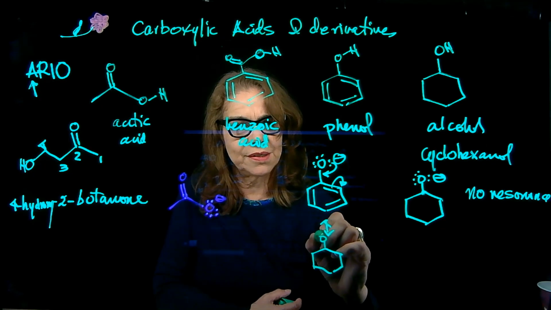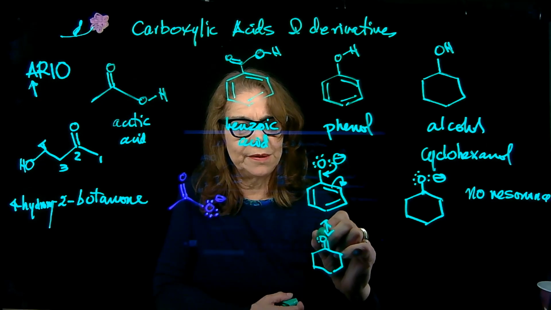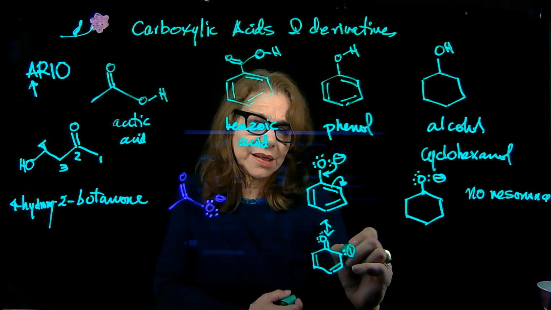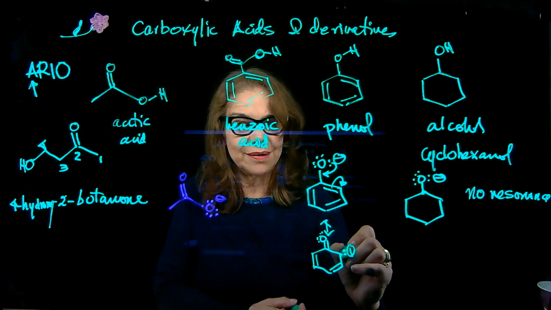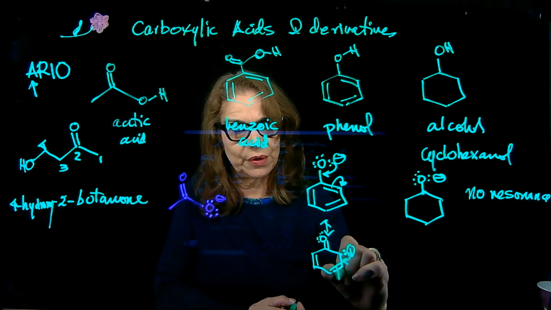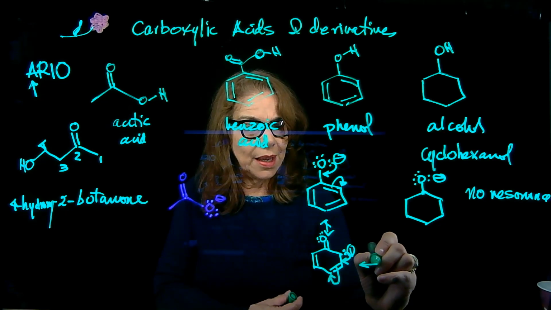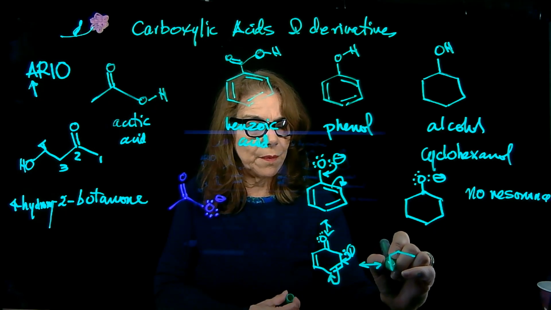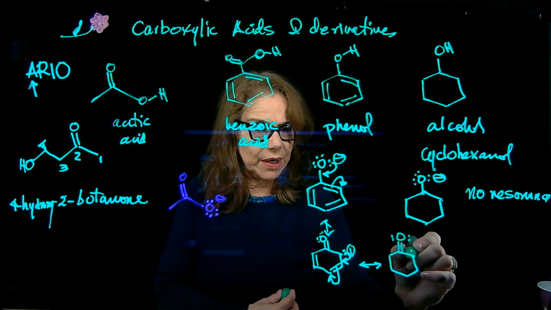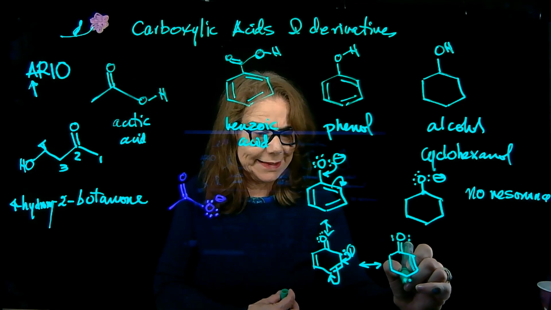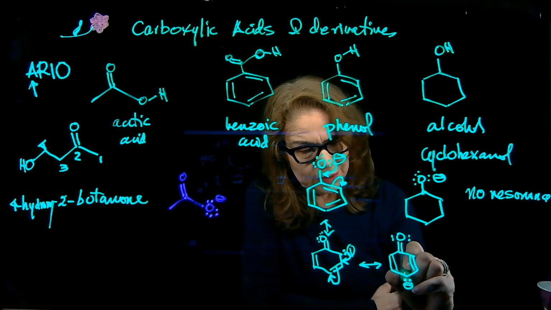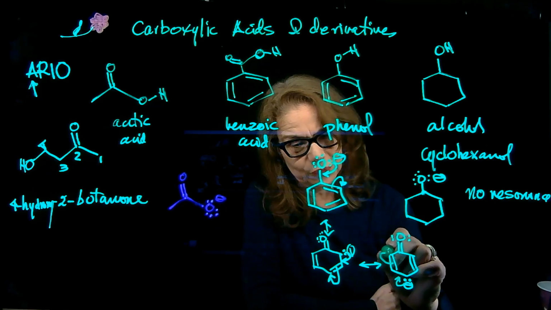So this is now an O double bond, and I'm going to have a negative charge here. And then I can continue the resonance because, again, the pair of electrons here is at an allylic position, so I'm going to keep moving them. The next resonance structure will have a double bond here, and the electrons are here, so negative charge here. And again, allylic position, so I can move those over here.